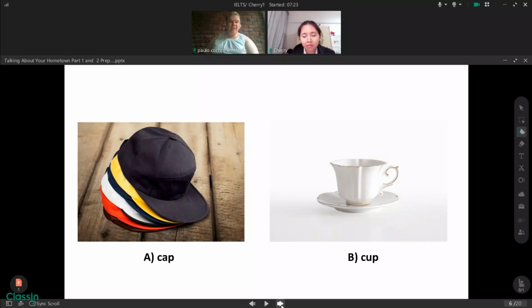Most people drink tea from these kinds of cups, and we drink coffee from a mug. So a mug and a cup both are used for hot beverages, but a cup like this one is used for tea, where a mug is used for coffee or hot chocolate. You can have a mug of hot chocolate as well.